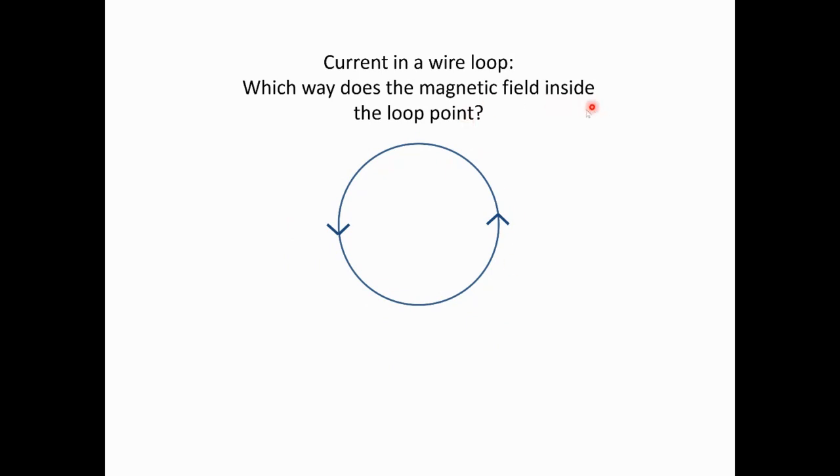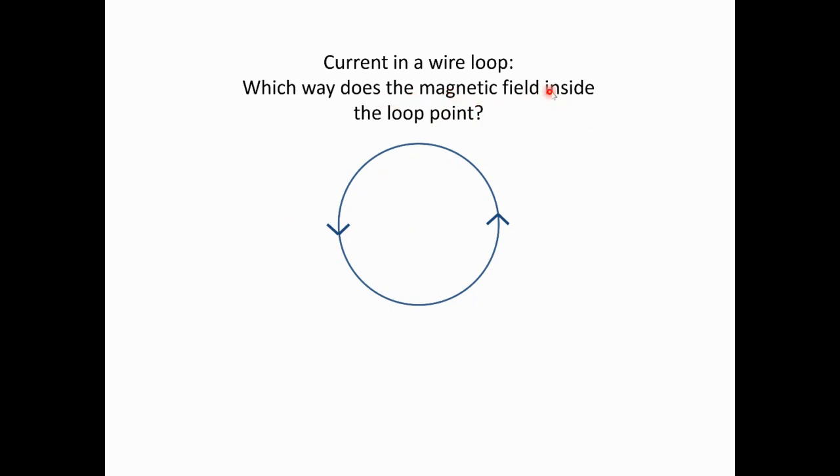In what direction does the magnetic field inside the loop point? Out of the screen? Figure that out and type something into the chat. Julia says up. Okay, so we have a vote for up.